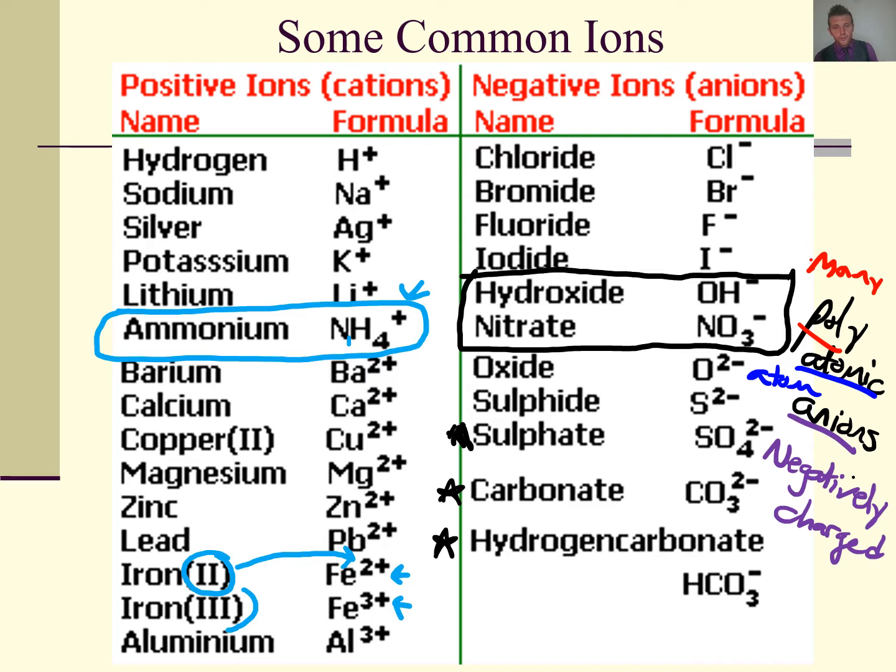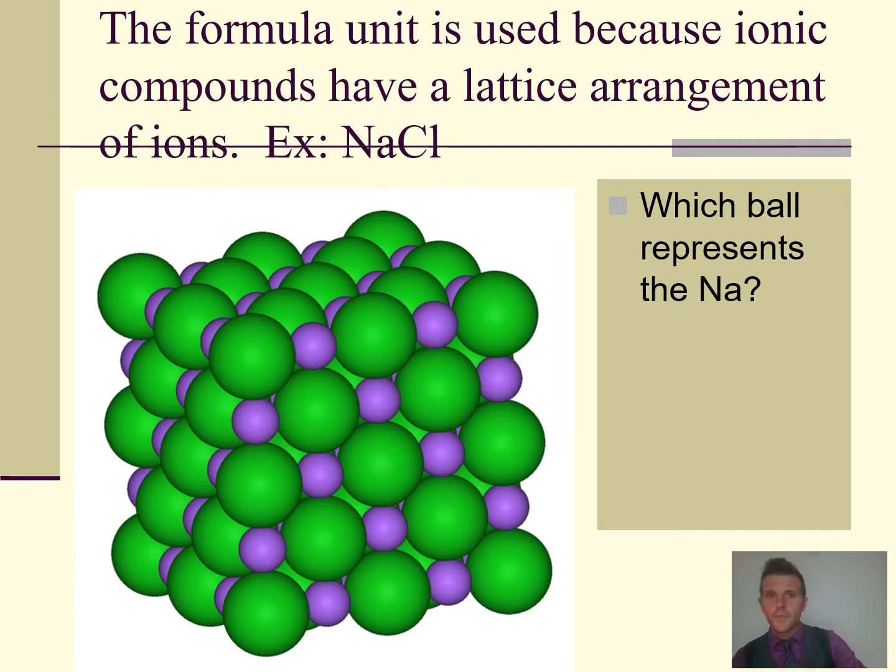Or if it's iron 3, these are Roman numerals, means it's 3+. This is one of the trickier things. So we'll spend time in class really practicing this, make sure that we really got this down 100%. We're almost done, guys. We're almost done.